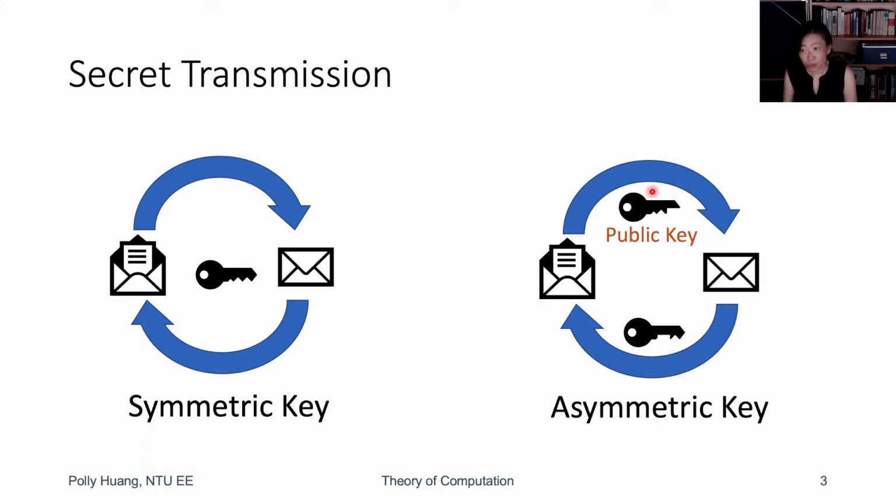So this key is also called the public key. And this one, very private to the receiver, is called the private key. The receiver is the one generating the public-private key pair, keeping the private key very private and the public key out to the public.